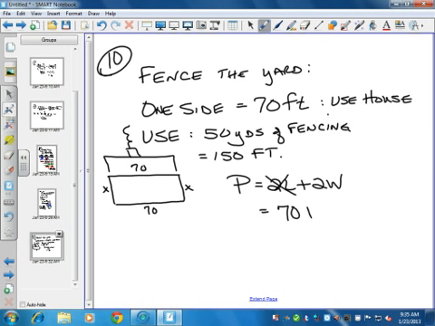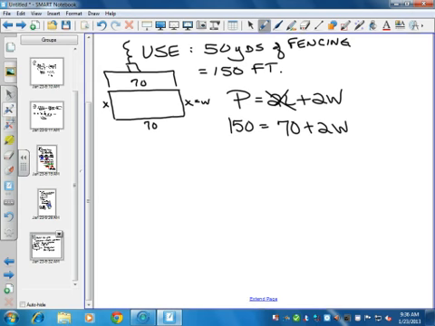And then I still have the 2 widths, or 2x, whatever you want to use. And the total perimeter is the amount of fencing that I have, which is 150 feet. Normally we would use 2 times that, and we'd have 140 here, but we don't need to fence the house side. So it's just 70 plus 2 widths to use up the 150.